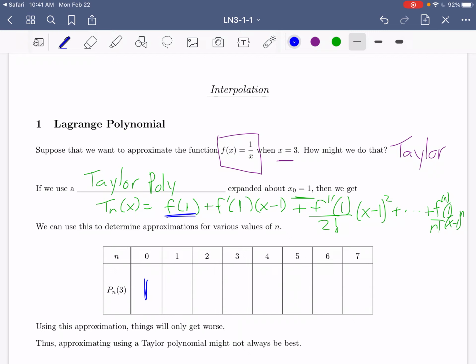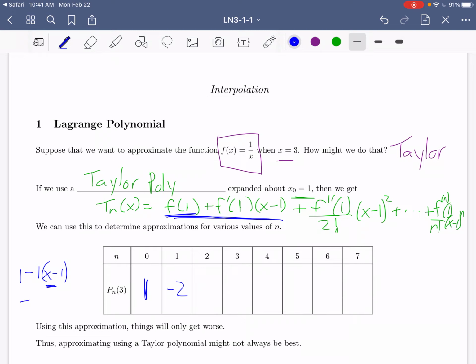If you used the first two terms, then your polynomial is 1 plus, actually we'd have a negative 1 times x minus 1. And so if we plugged a value of 3 in for x, we would get negative 2 as an output.